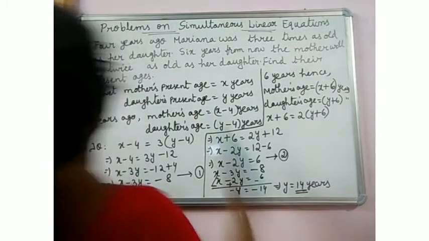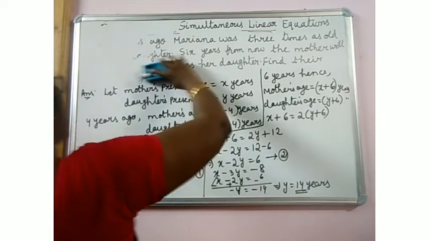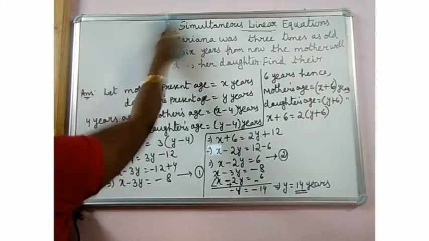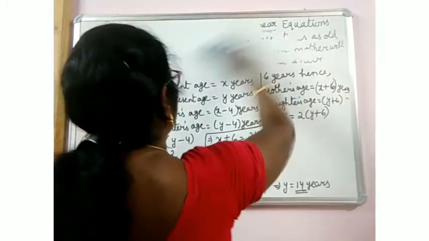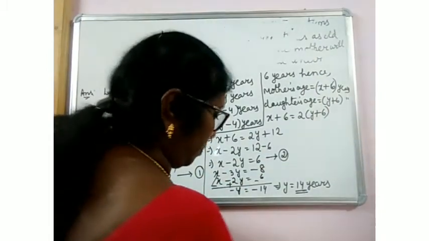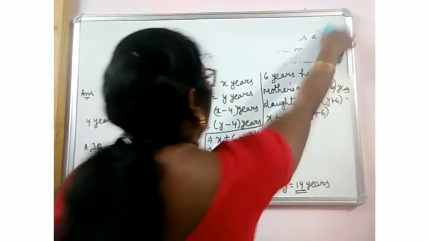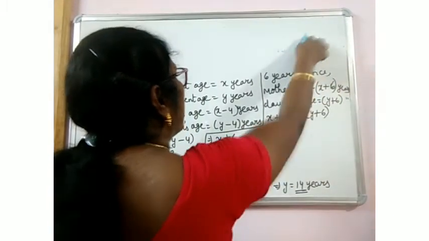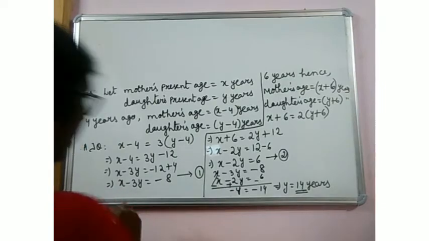So the value of Y we got, that is daughter's age. Now let us find the value of X, which gives us mother's age. In order to find the value of X, let us take any one equation, either this or this.